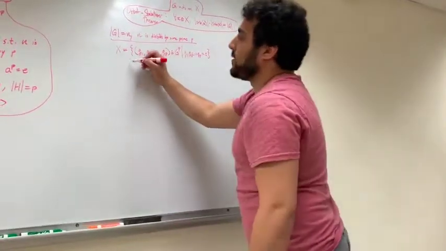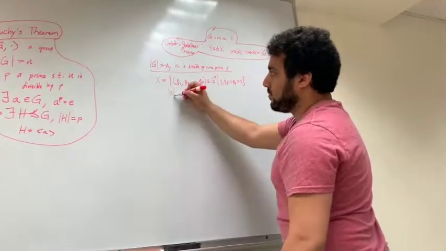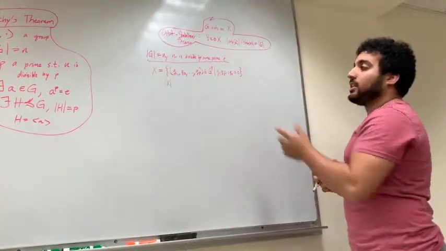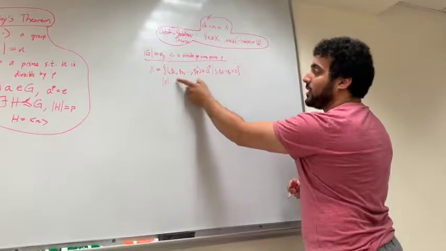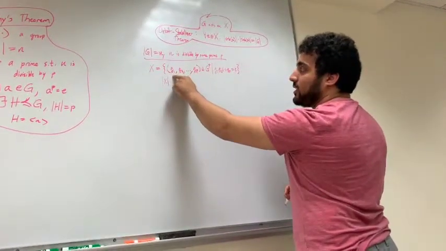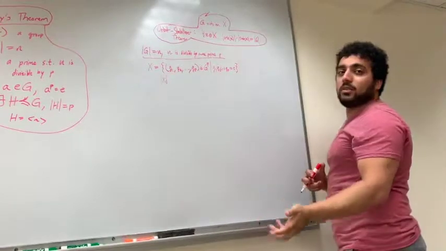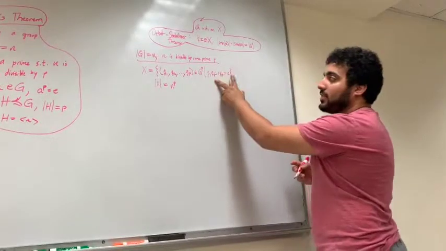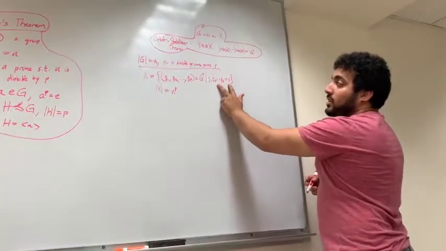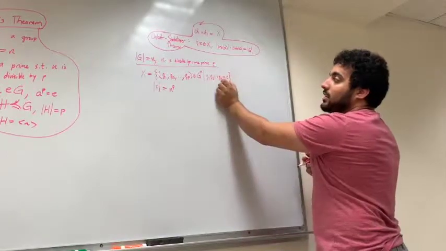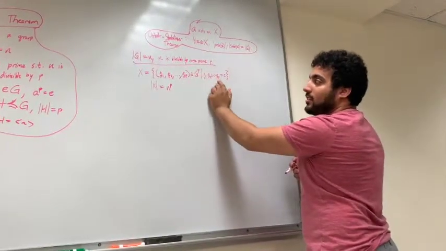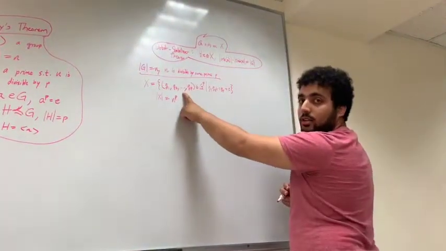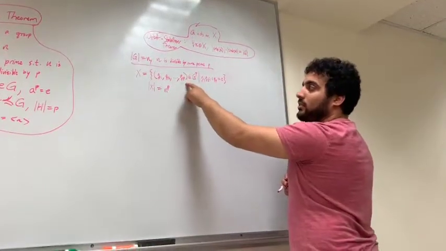Let's quickly ask, what's the size of X, in terms of n and P? This is a P tuple, and for each of these elements there's n possibilities. So naively we might say this is n to the P, but that forgets this constraint. The constraint removes the degree of freedom from our last element, because you choose the first P minus 1 members of the tuple, and the last one is fully constrained.